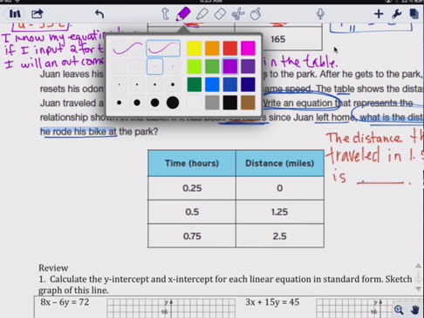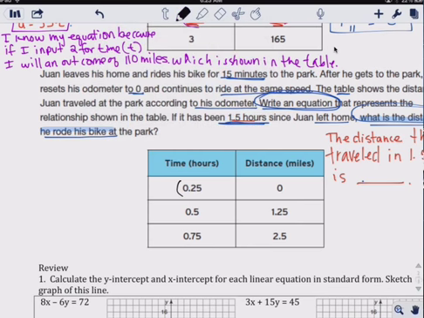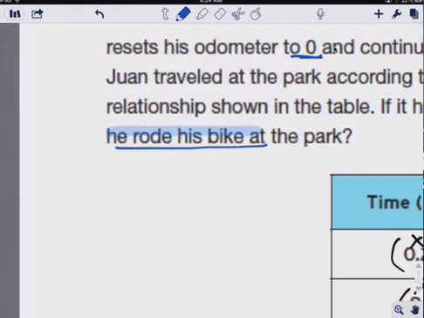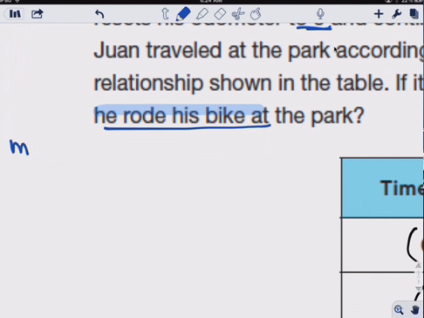So here, x1, y1, x2, y2. Okay. Be careful with your rate of change, or your slope. y2 minus y1 over x2 minus x1.